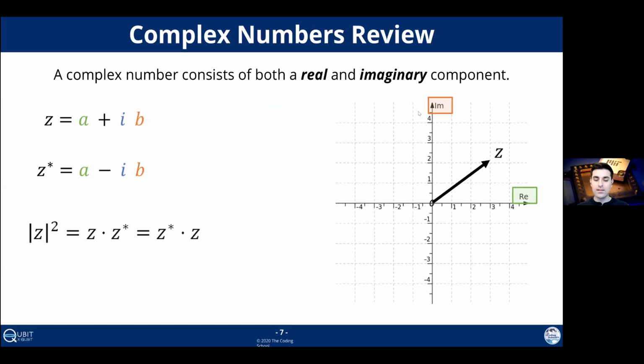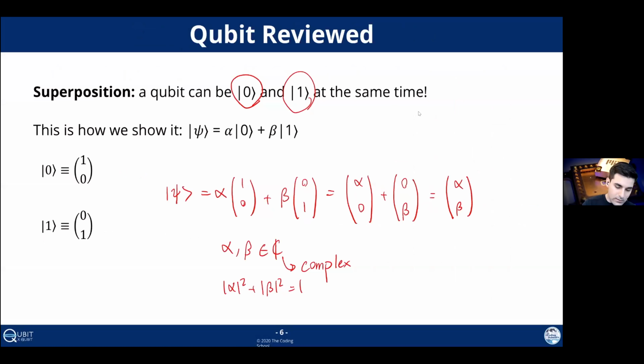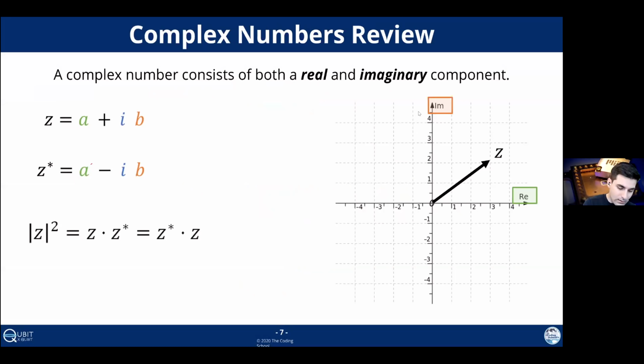Okay, with that, let's do a quick review of complex numbers, because again, as I mentioned, alpha and beta are complex numbers. So a complex number consists of both a real and an imaginary component. So in this case, let's take z to be a complex number.